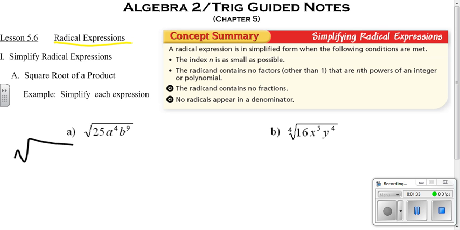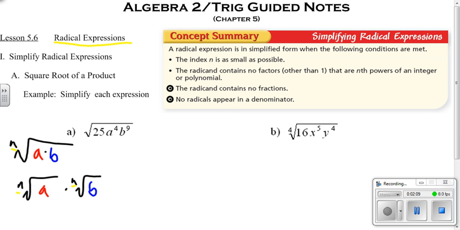If we have a radical of any index of a product, a times b, we can split that up into the nth radical of a times the nth radical of b. So if our index is 3, the cubic root of ab would get split into the cubic root of a times the cubic root of b. We're basically just splitting these two radicals up, making sure that they have the same index as the original.